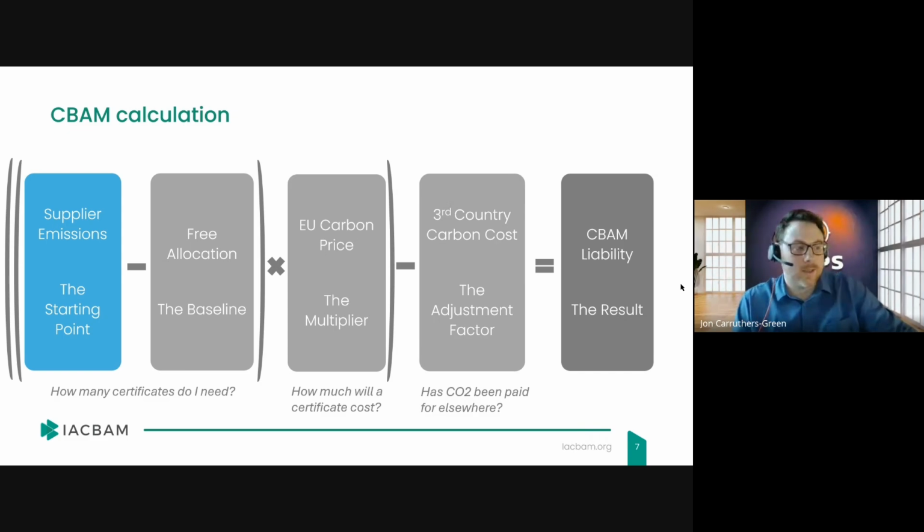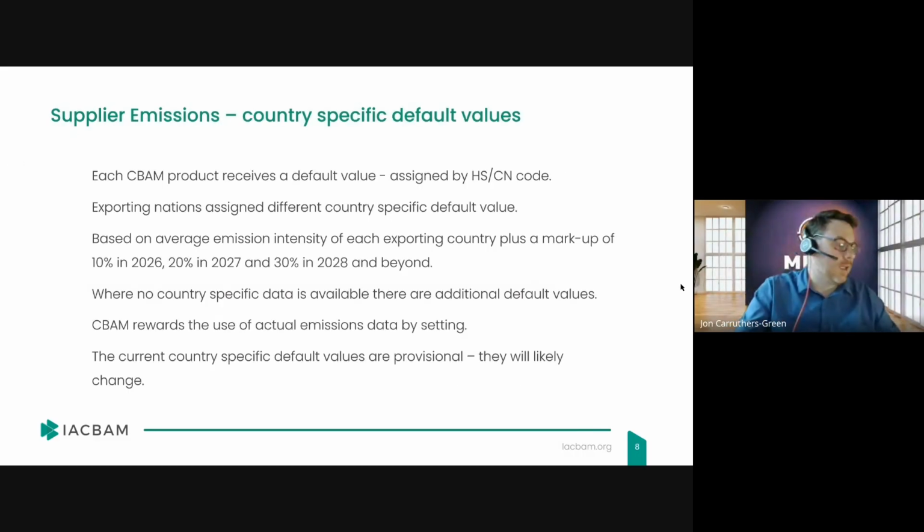So this simple version is the country-specific default values, which were included in the data release in December. Now, what the Commission has done is they released an absolutely giant document, around about 1,600 pages, which essentially assigned a default value for each steel product.